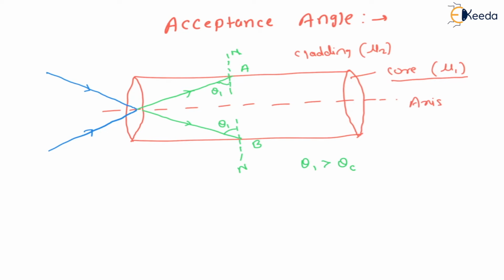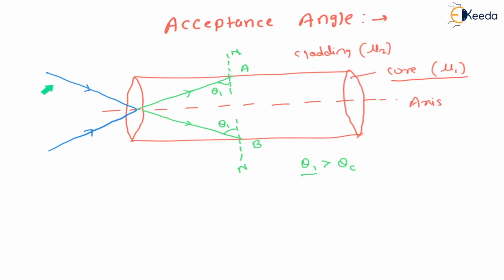Now listen very carefully. We are assuming that this theta 1 is the minimum angle for which total internal reflection takes place. So if we increase this angle theta 1, then definitely there will be total internal reflection. Now simply imagine that light is coming this way, see, focus on the arrow.